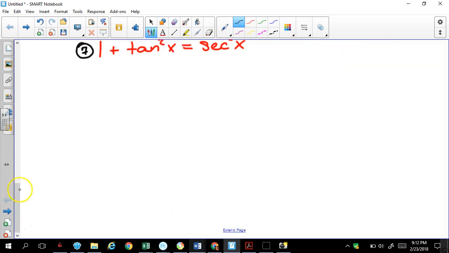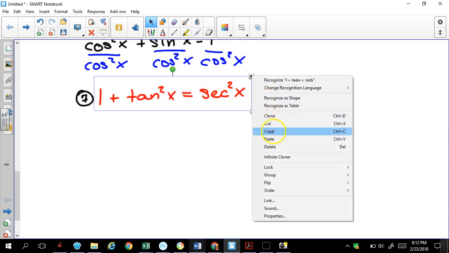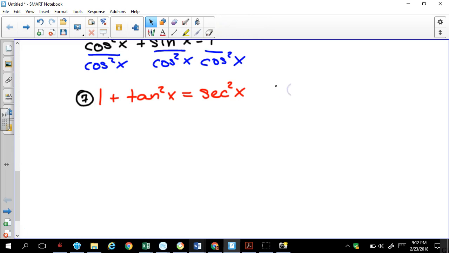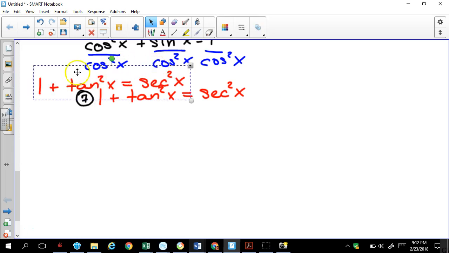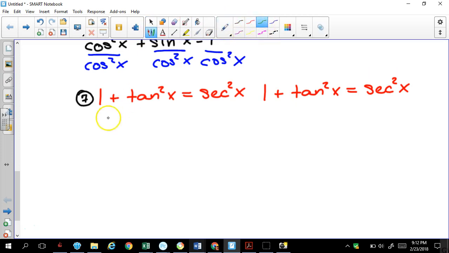I can do the exact same thing that I just did to all these other equations. You can do the exact same thing that I just did. Solve for tangent. So I'm going to subtract 1 from both sides. That gives me tangent squared x equals secant squared x minus 1.